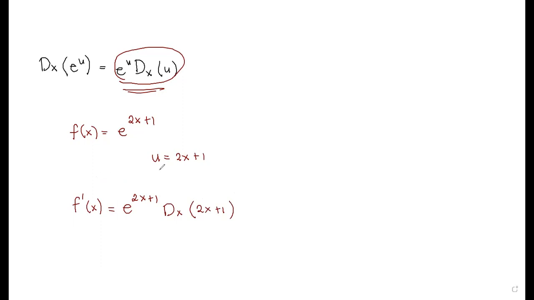The e to the 2x plus 1 doesn't have any instruction, so we just keep it as it is. We copy e to the 2x plus 1. And what is the derivative of 2x? Simple, it's 2, using the power rule and the constant rule. The derivative of a constant is 0. So basically, the answer is 2e to the 2x plus 1. Easy.